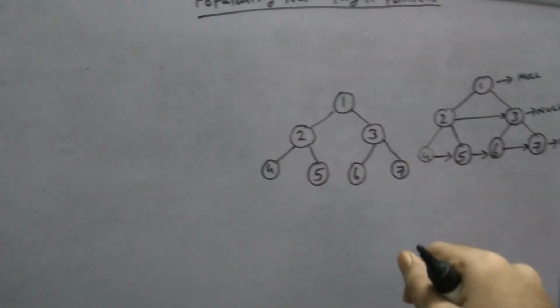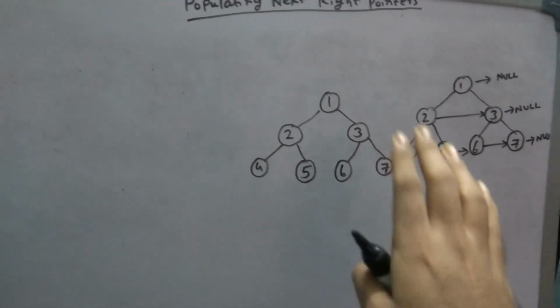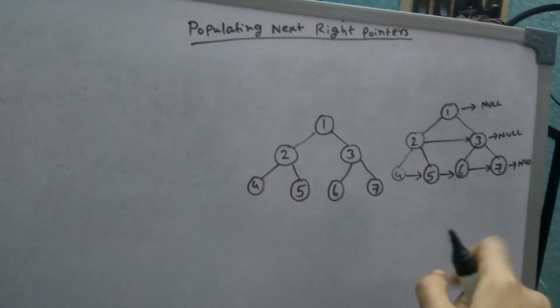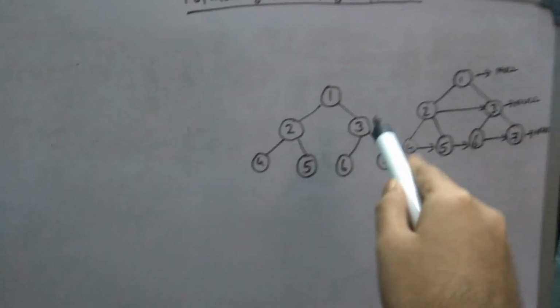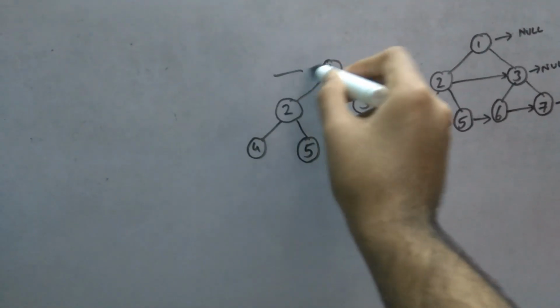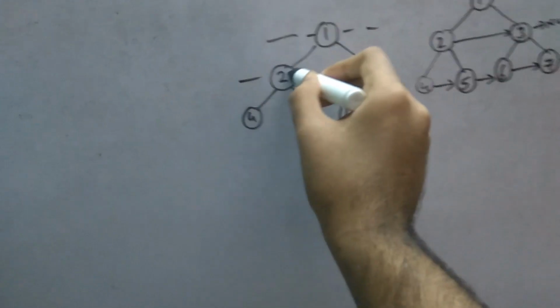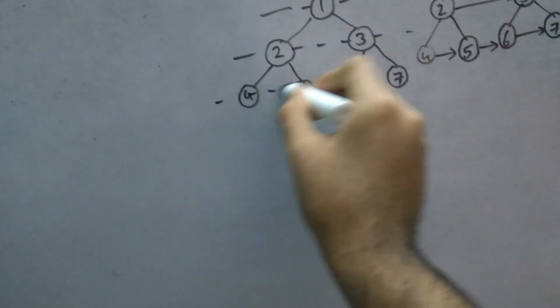Now just by looking at this problem, the first thing which should come to your mind is a level order traversal, which will look something like this. I'm just drawing a dotted line like this.